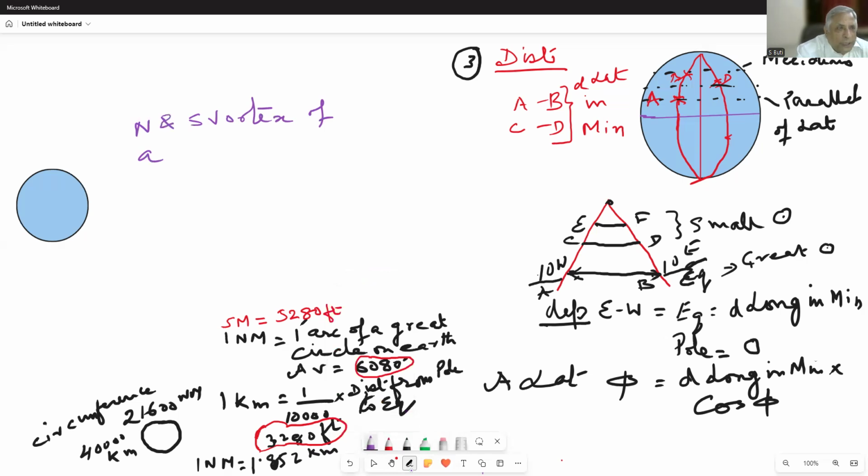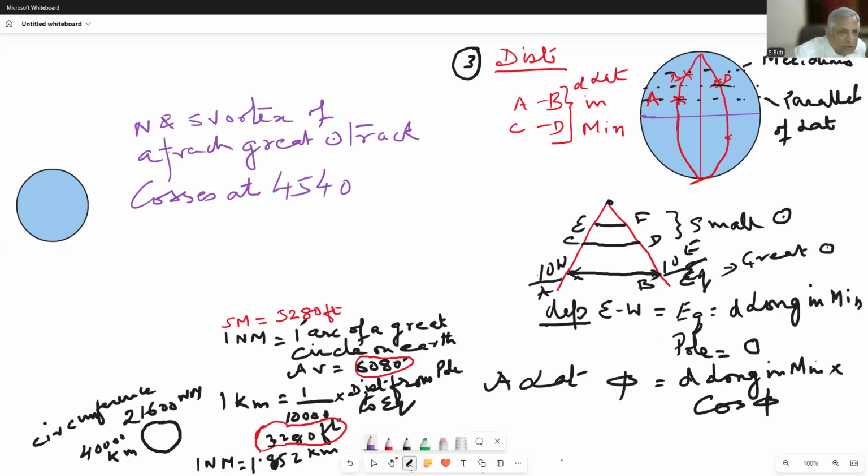North and south vortex of a point, or rather of a track, and it's a great circle track, which crosses the equator at 45 degrees 40 minutes west meridian, and the track is 295 degrees.